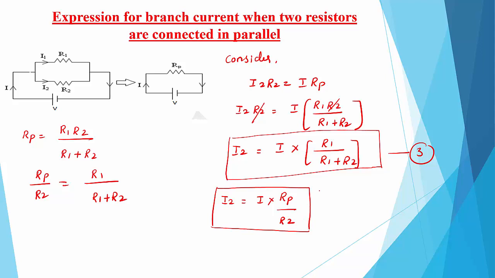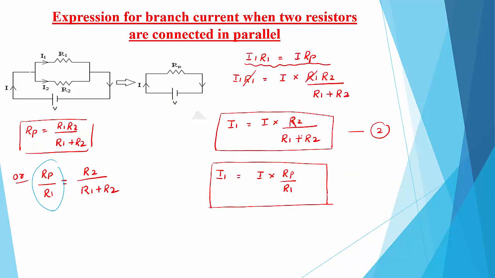Is it clear? So here the expression for I1 is what? I1 equal to I into R2 divided by R1 plus R2, or we can write I into Rp divided by R1. So that means the current in a branch. What is I1? I1 is current in a branch, and what is I? I means main current. The main current I into R2 divided by R1 plus R2. R2 means what here?